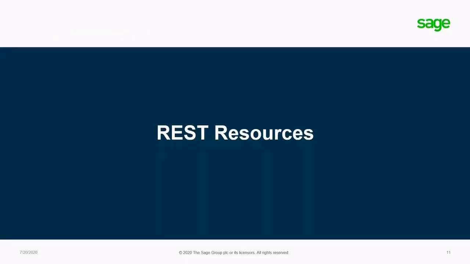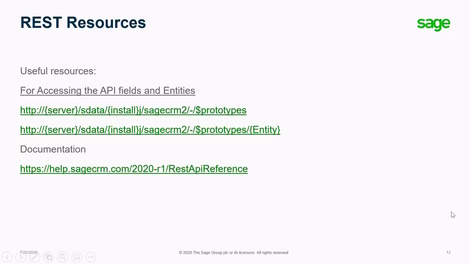Now let's quickly have a look at the REST resources. Some useful resources that you might not know of or might not have seen in the documentation are the following. When you need to access all the fields for your entire CRM, including your entities, you can use the prototypes keyword.